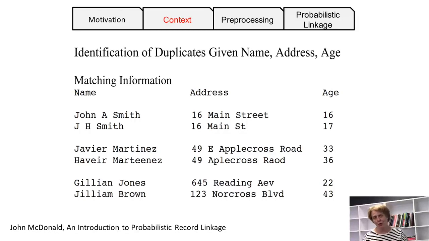So, you look at it, you think, well, the address is the same. Well, maybe they're father and son, but one is 16, one's 17, so that's a little bit of information that says they're probably the same person. H and A can quite often be written and confused.